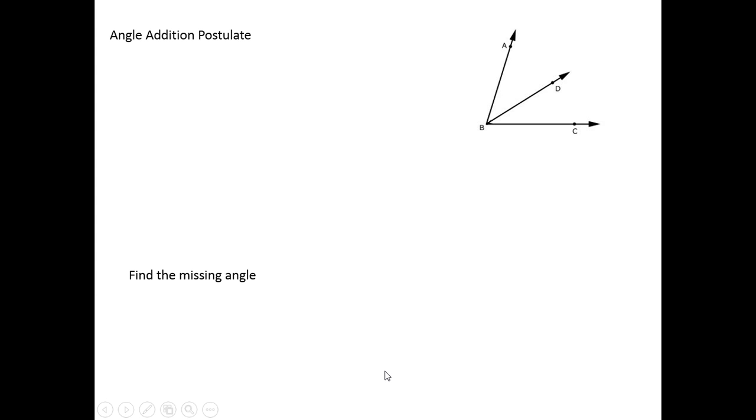The angle addition postulate, much like what we saw with segment addition, okay? If we want to split an angle into different parts, then we take a point somewhere inside of the angle. It's an interior point, and we draw a ray from the vertex to that interior point. So we start off with angle ABC, the all-inclusive. We take the interior point D and we form a ray.